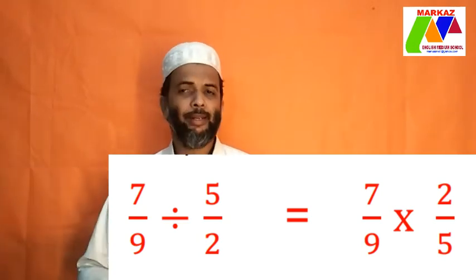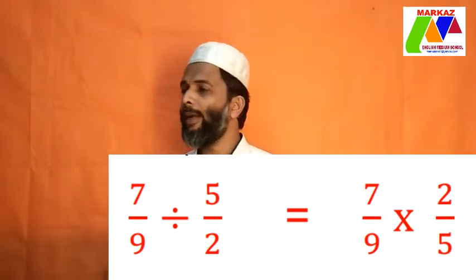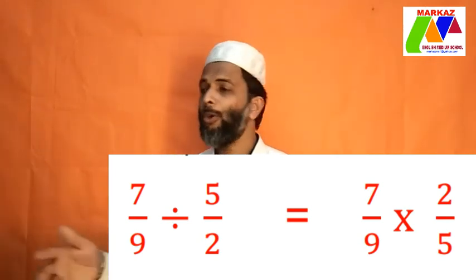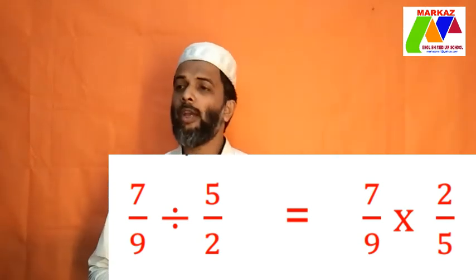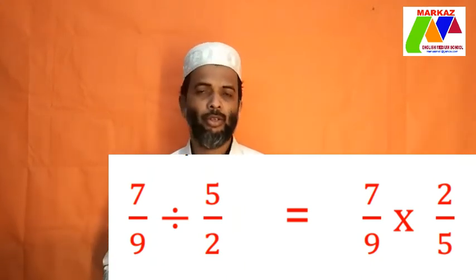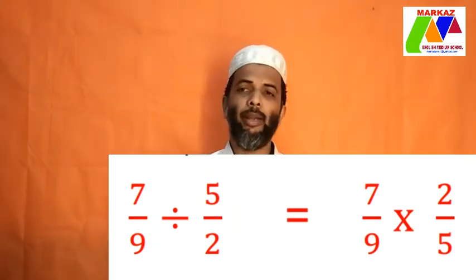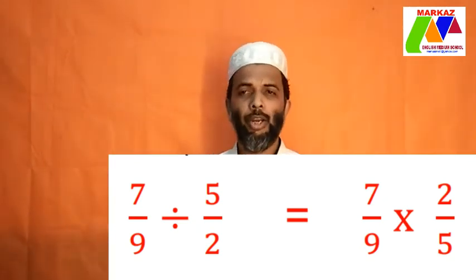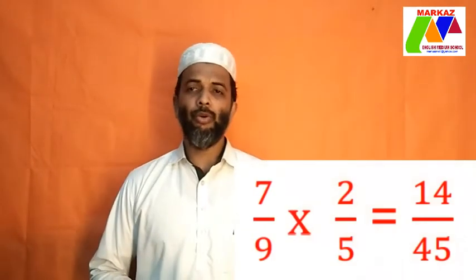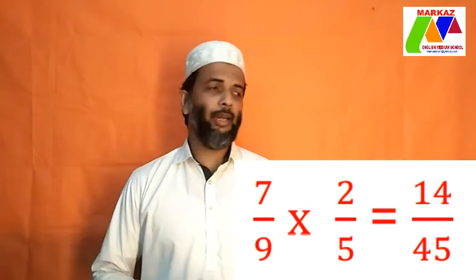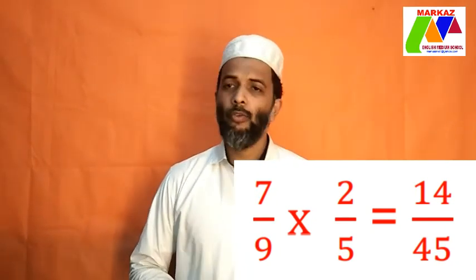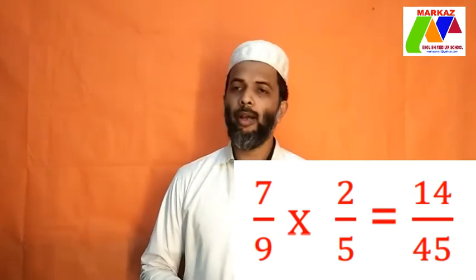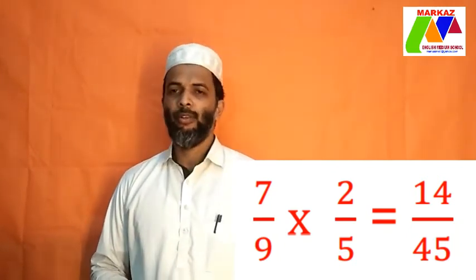Here the numerator 7 and denominator 5, and the denominator 9 and numerator 2, have no common factors, so we cannot simplify further. So directly multiply numerator with numerator and denominator with denominator. 7 into 2 is 14, 9 into 5 is 45. So our answer is 14 by 45.